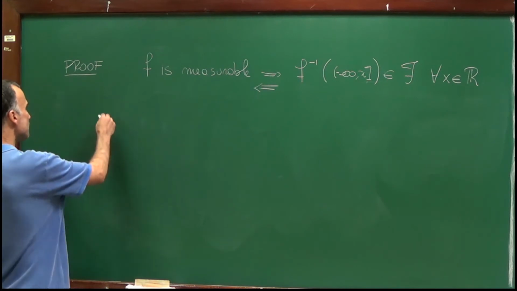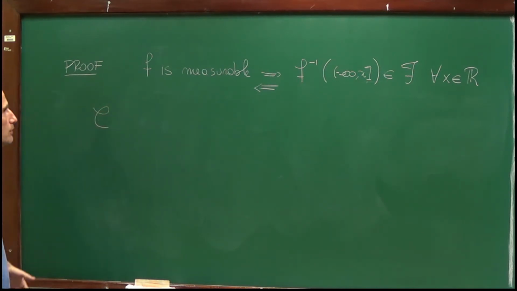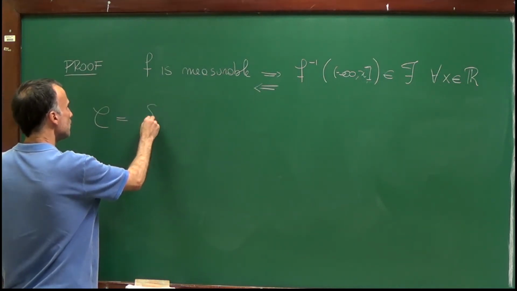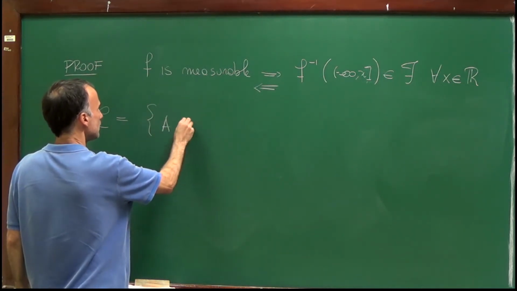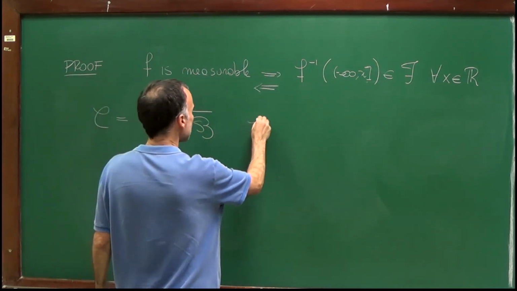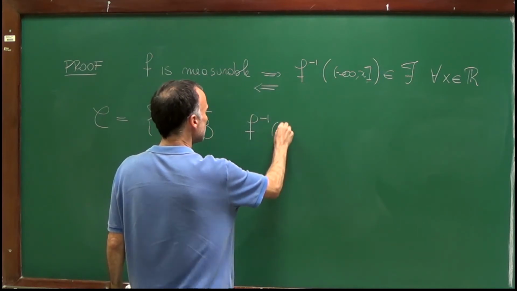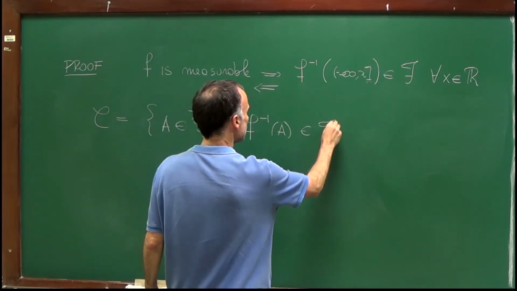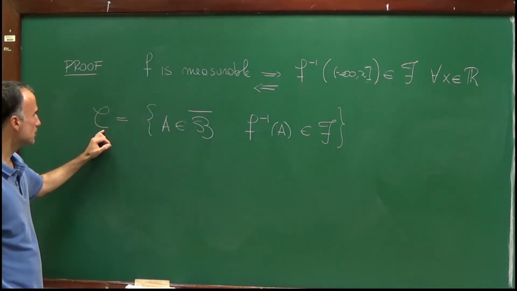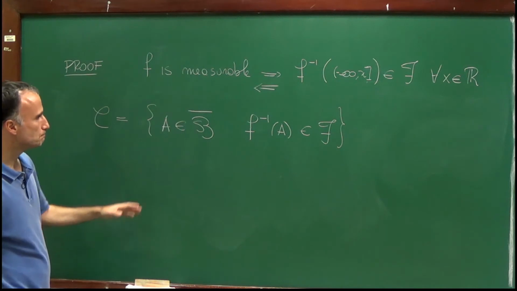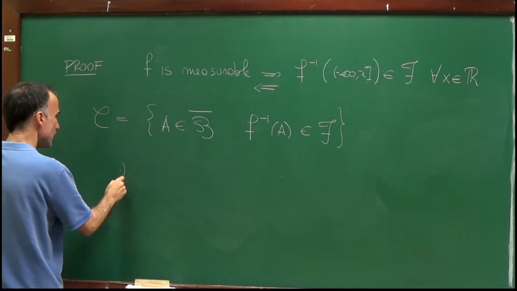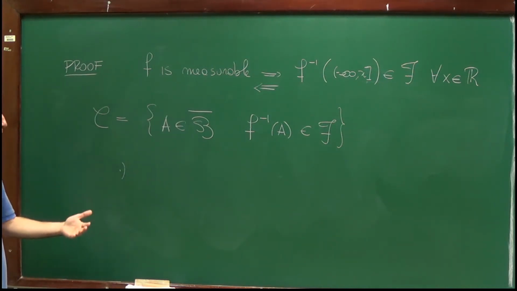And here is the idea. Well, we'll define a class of sets, which I'm calling C. C will be all sets A in, say, B bar, such that the inverse image of A belongs to F. So I'm introducing a class of sets denoted by C. And what I will prove is that this class of sets has two properties.